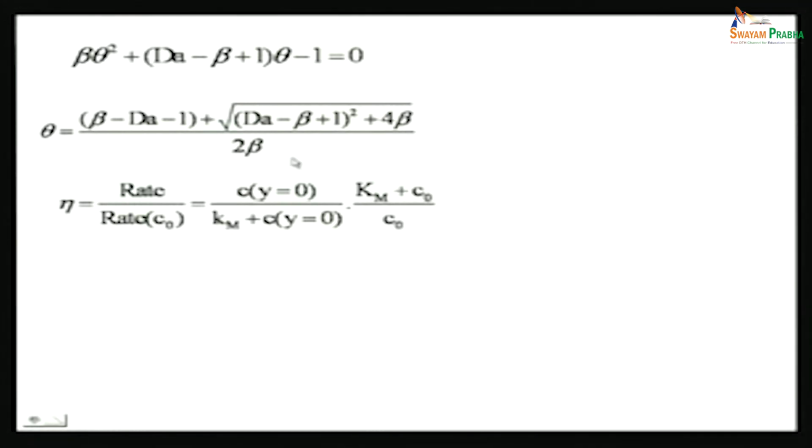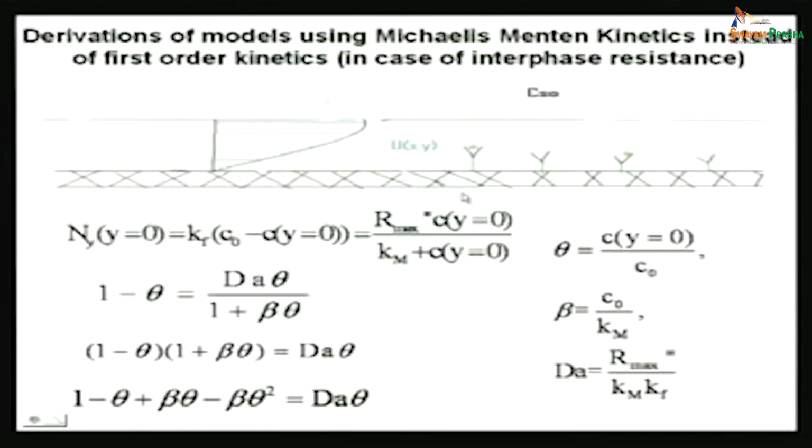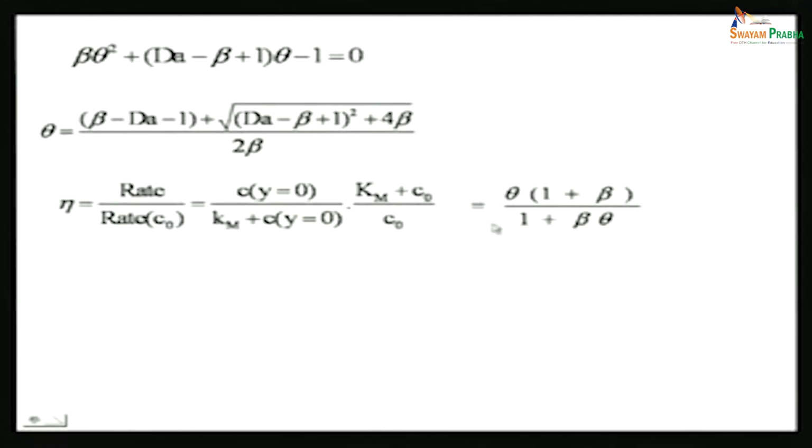No problem. Now we can express this in terms of beta, because beta was defined as C naught over Km. You can divide the whole thing by C naught over Km.